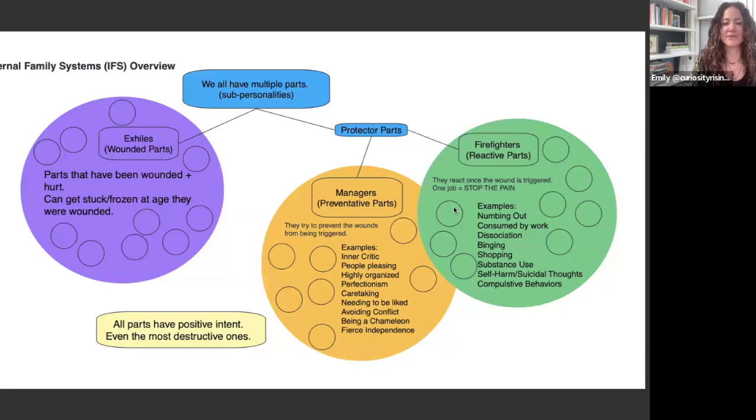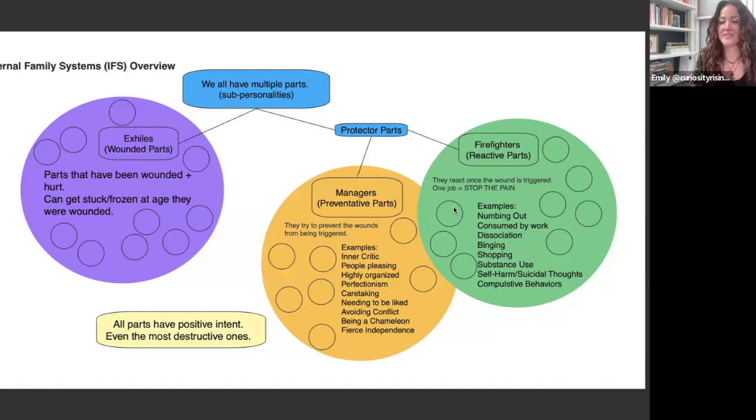Some examples of these protector parts, these preventative managers, could be your inner critic. This could be people-pleasing tendencies. This could be being highly organized. This could be being a perfectionist. This desire to have to be liked by everyone.